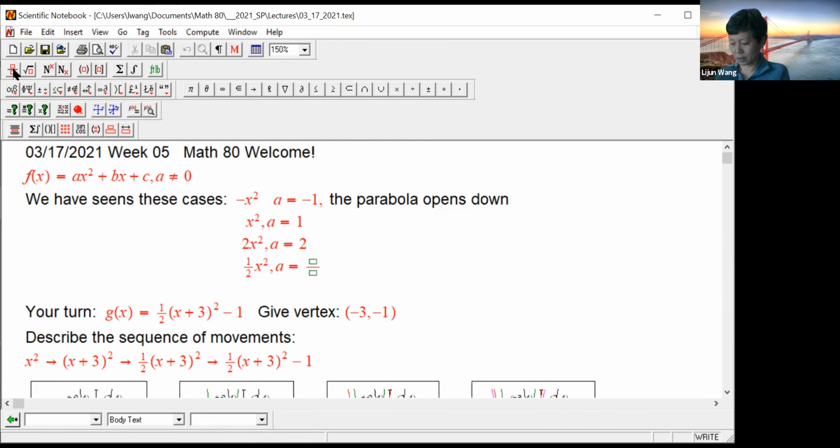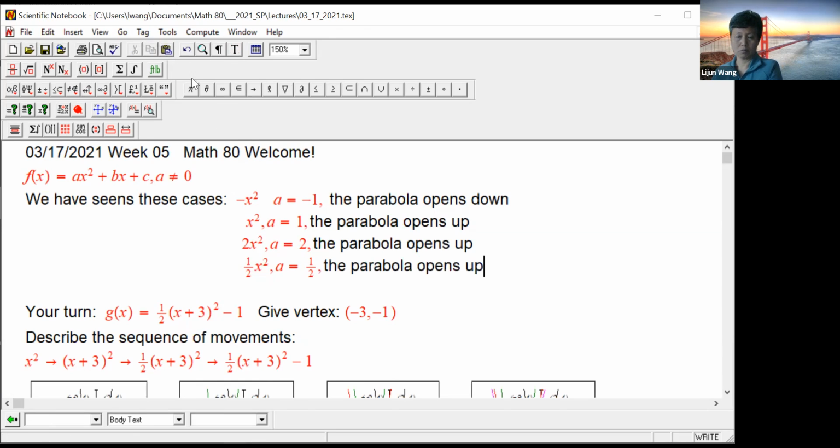But they're all positive, aren't they? In all these cases, when a is positive, which direction does the parabola open to? Opens up. Then you say, how about a is zero? No, a is not allowed to be zero if we are considering a parabola. So that's this requirement.